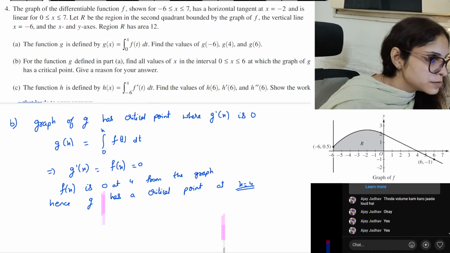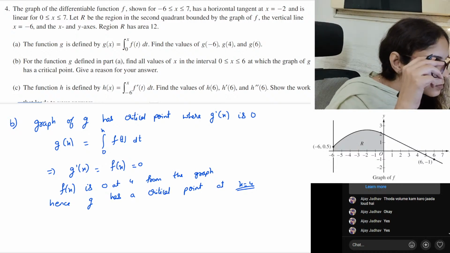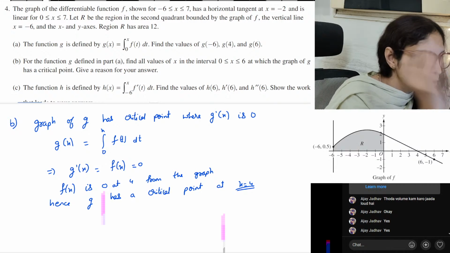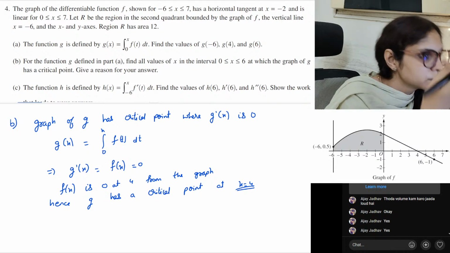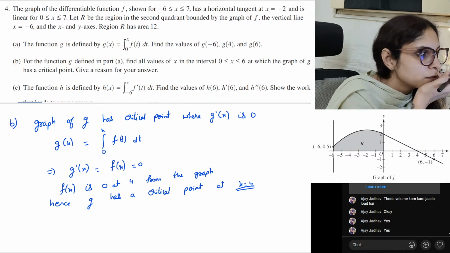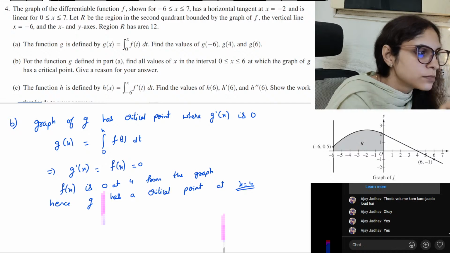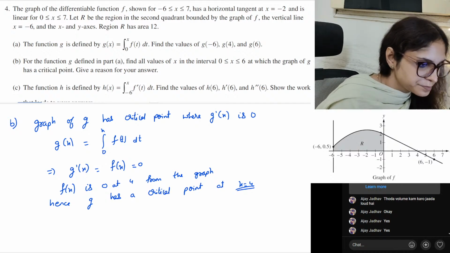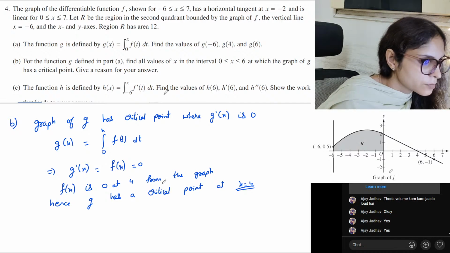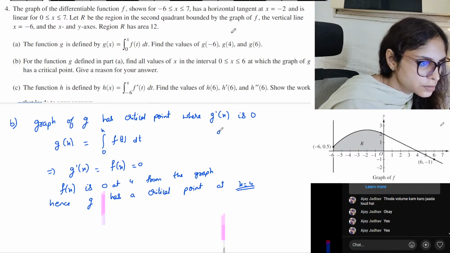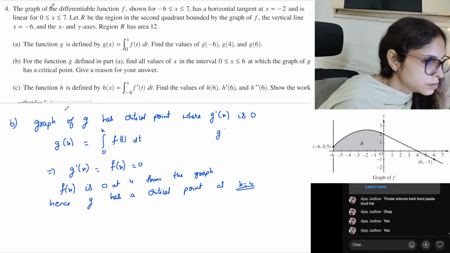That will be your answer. And you want to know only from 0 to 6, so 4 is the only point. Alright? And we will always say that t is from 0 to 6, we'll write all the conditions.